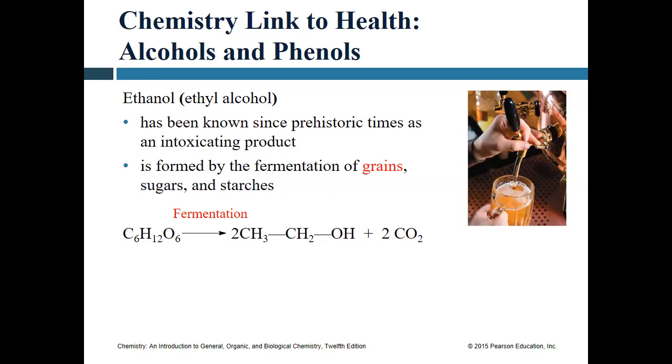If we're talking about grains and some other starchy materials, you're getting into your whiskeys, your vodkas, your spirits, your moonshine, depending upon which direction you like to go. So the differences in all those different alcoholic beverages largely have to do with the process and with the starting material.